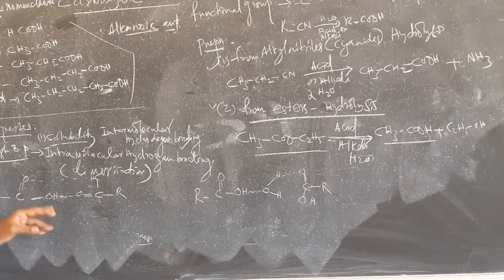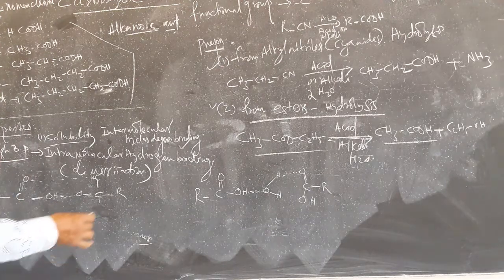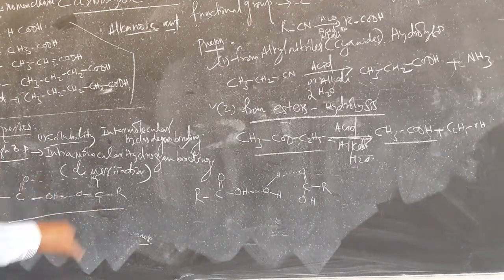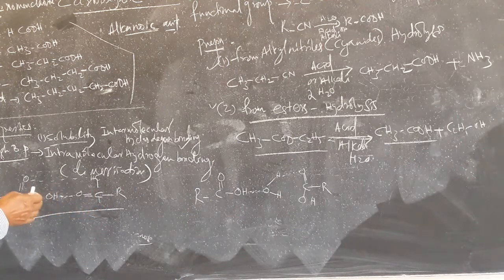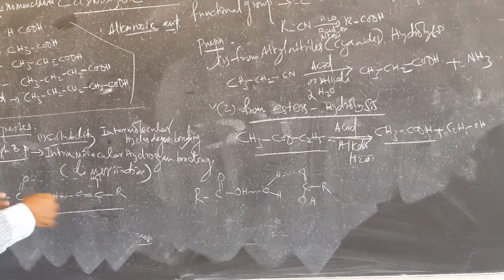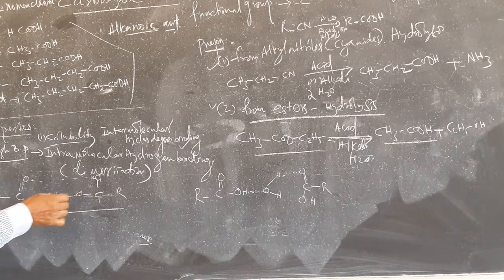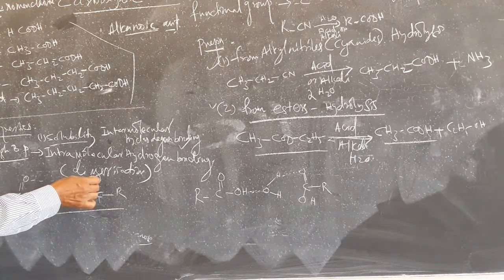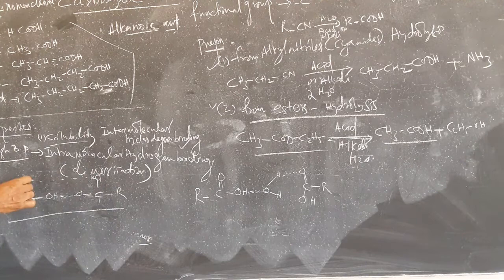The high boiling point can also be explained between two acid molecules. This is one acid molecule and this is another acid molecule. They have the capacity to have hydrogen bonding between this oxygen and this OH, and here also you can see this is an OH group and here also oxygen.